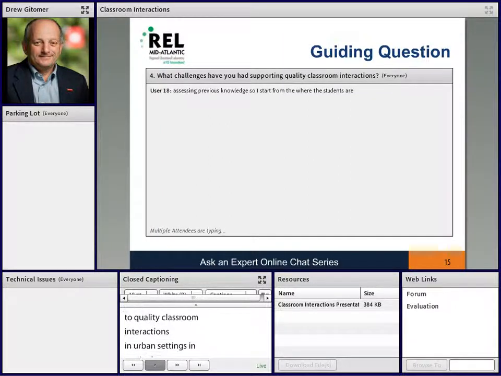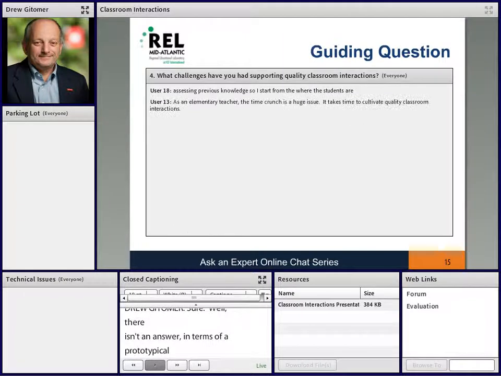Sure. Well, there isn't an answer in terms of a prototypical urban system. The most developed system in place, the most long-standing, probably with the most resources put into it, is the work that's been done in Washington, D.C. And that's had a tremendous amount, not only of federal funding, but foundation funding.